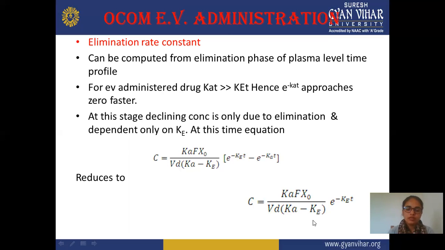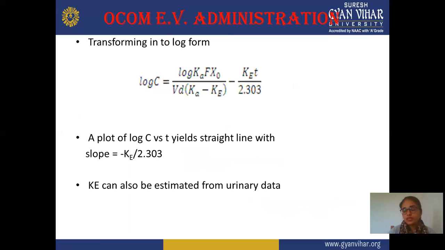In this, we calculate the elimination rate constant with the help of the plasma concentration-time curve. When we transform this equation into log form, applying log, it gives log C = log [Ka Fx0 / Vd (Ka - Ke)] - Ket / 2.303, the volume of distribution multiplied by the difference of absorption and elimination.